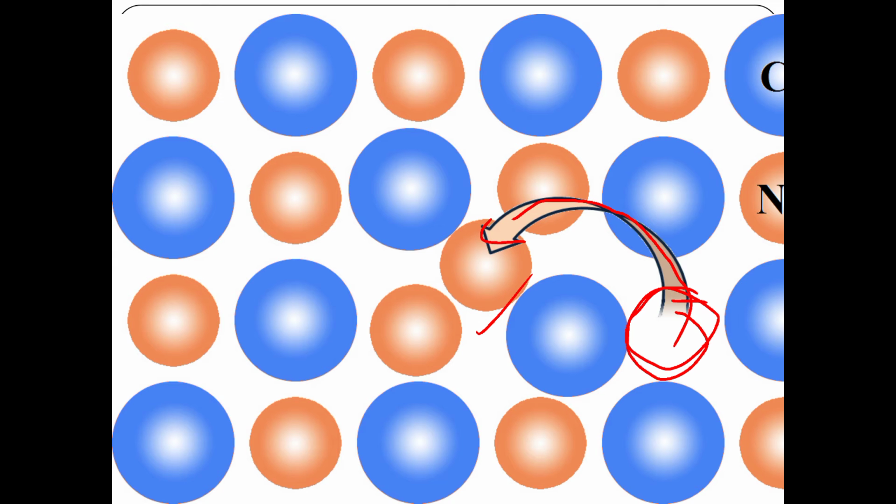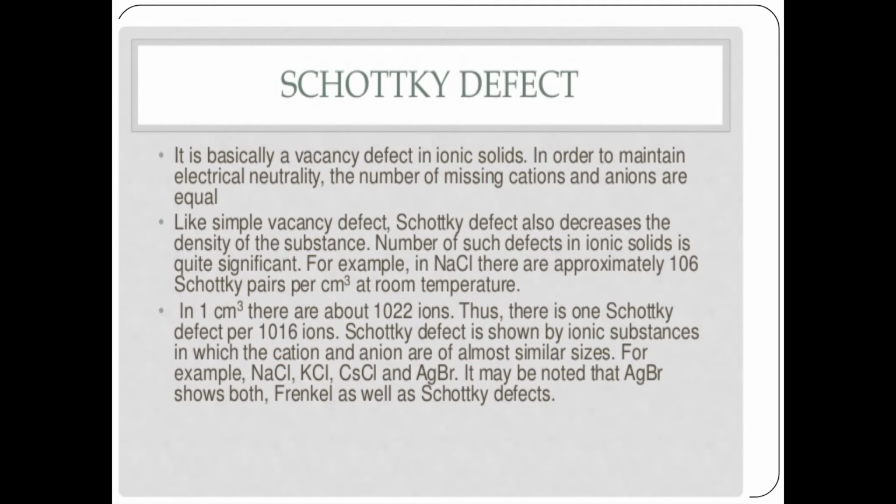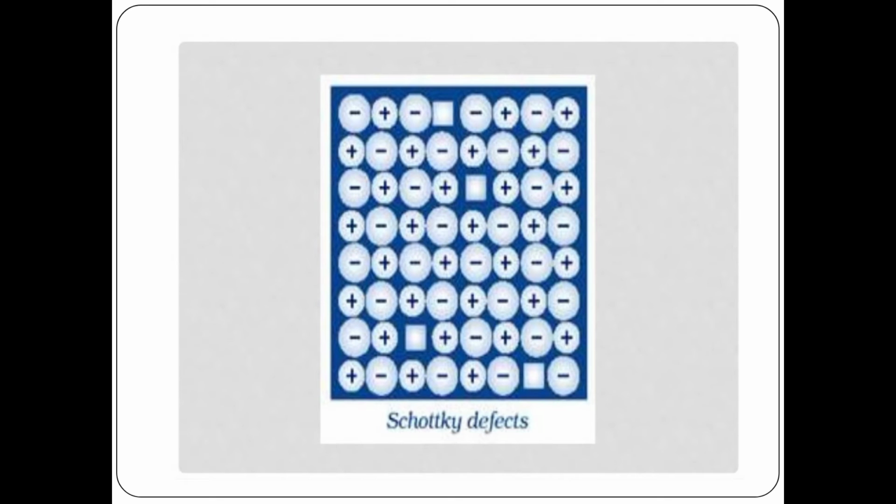I will move to the other, that is the Schottky defect. It is also a vacancy defect, but the crystal remains electrically neutral. How? The number of missing ions will be equal. That is, if two anions are missing, two cations are also missing.